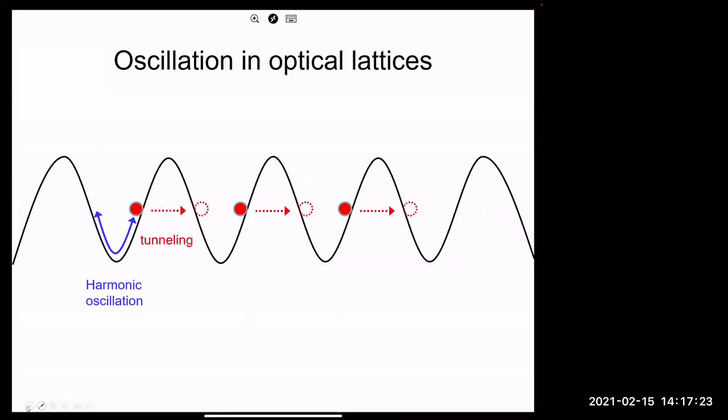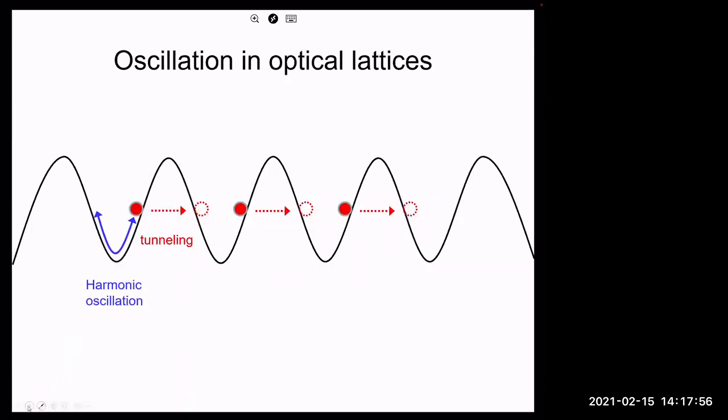However, when the particle goes to here, it's also likely to tunnel. Perhaps it's easier for the particle to tunnel when it moves all the way to the classical turning point, because the barrier is now smaller. It's a shorter path to tunnel to the other side. And that happens on all sides.